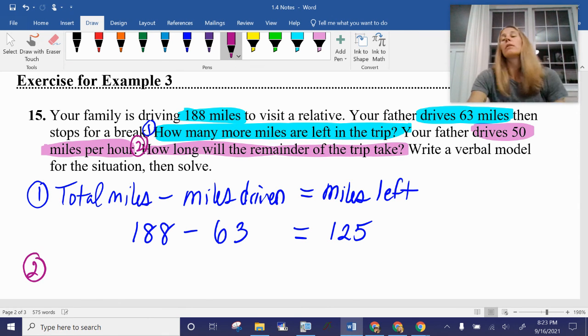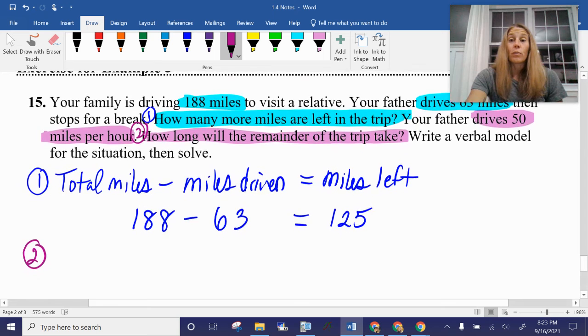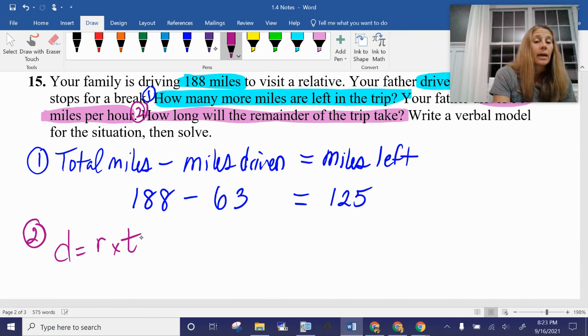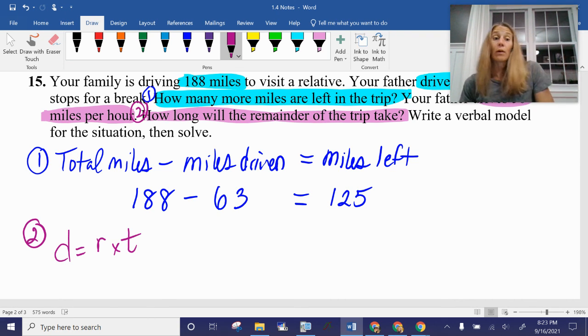Now, to find the time, we're going to have to relate it to the rate and the distance. If you remember that formula, distance equals rate times time. It can be rearranged to get any variable you want by itself. In this case, we're going to have to find the time.